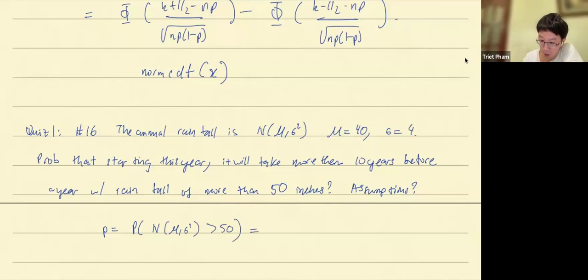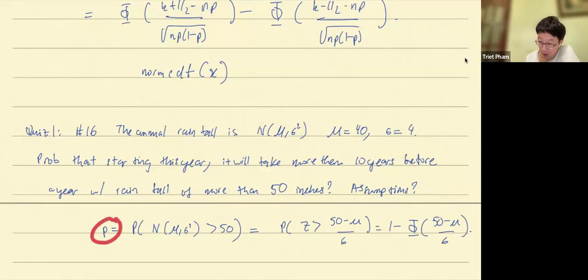And true to our convention, we need to do some statement to transform this into that, where mu and sigma are given like that. So that's called our little p.